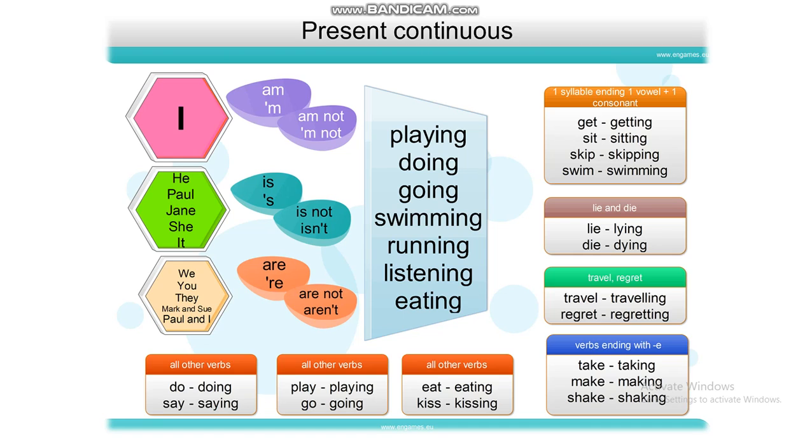Travel, we double the last letter. Regret, we double the last letter. The verbs that end with E, we cross the E and we add ing, and all the other verbs we just add ing. Playing, going, eating, kissing, doing, and saying.